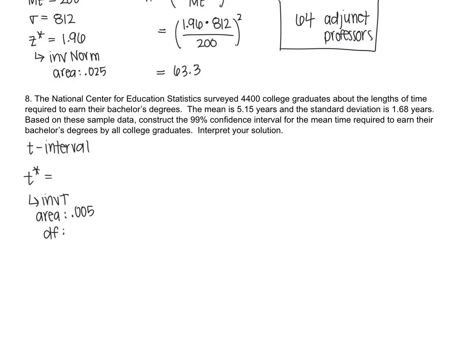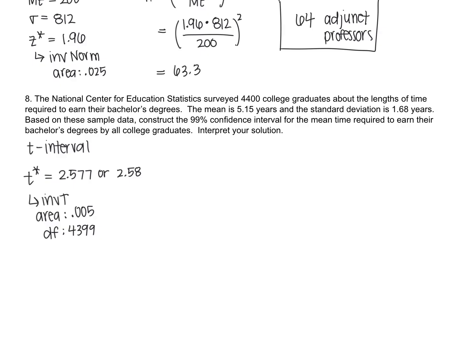So in this case, it would be 4,399. And then you can either go 2 or 3 decimals for this critical value. So you can say 2.577, or you can use 2.58. Either one, I will accept the confidence interval.